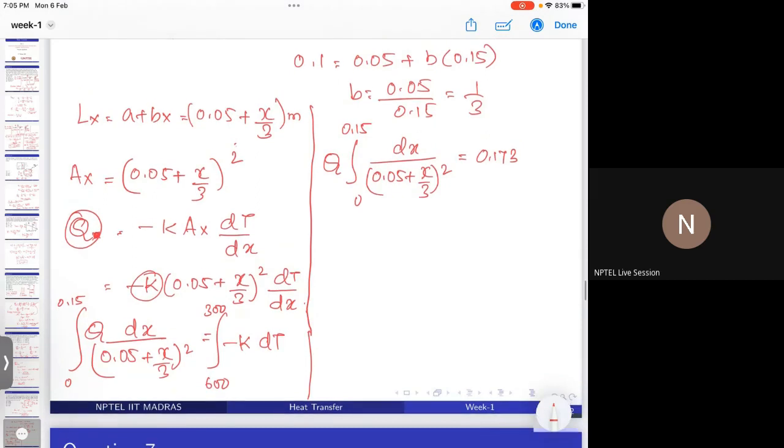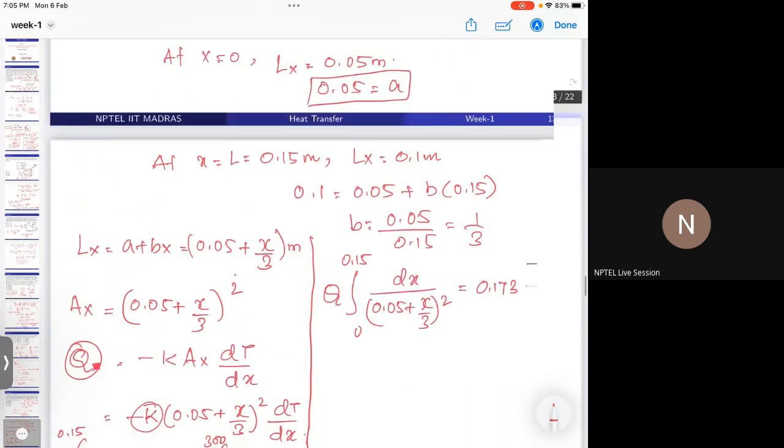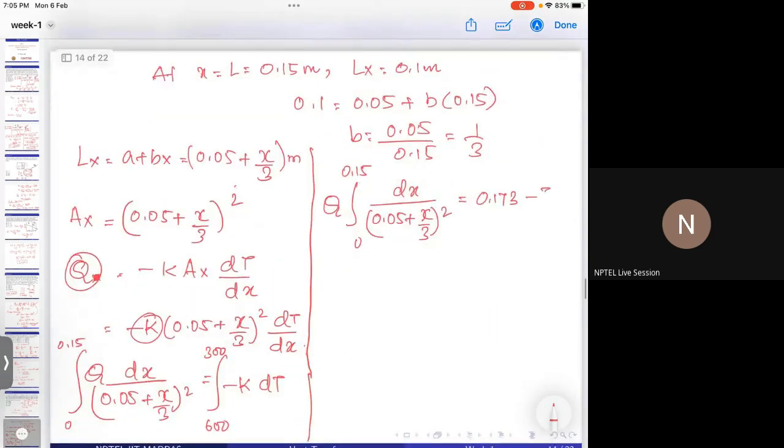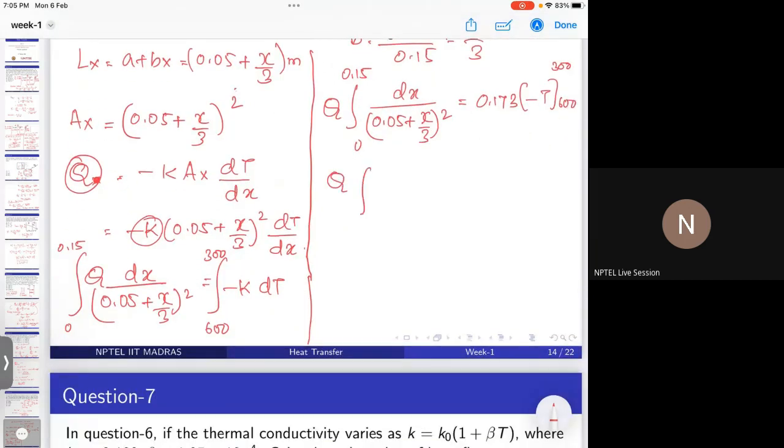It's simple integration for T, so we can write minus T, like it's 300 and 600. So if we integrate 0 to 0.15 dx over 0.05 plus x by 3 the whole square, it will be equal to 0.173 into 300.